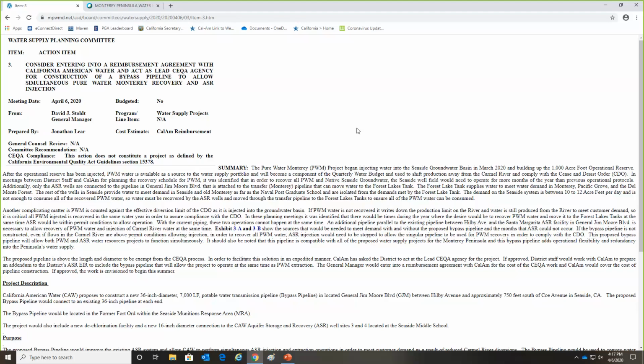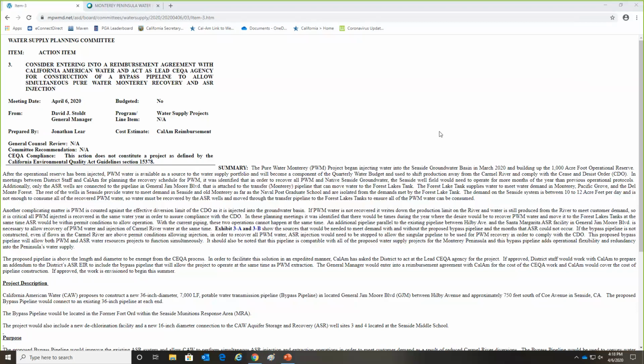However, the ASR wells are plumbed into the General Jim Moore pipeline that allows water to be moved through the transfer pipeline, which is colloquially called the Monterey pipeline, to the Forest Lake tanks. When it gets to the Forest Lake tanks, the water that's recovered from the Seaside groundwater basin can feed the demand for the peninsula in Monterey and Pacific Grove.